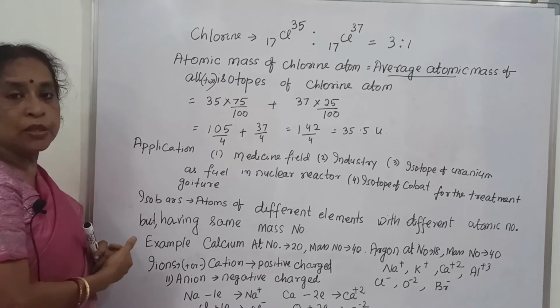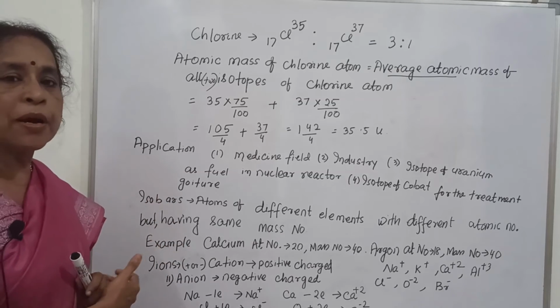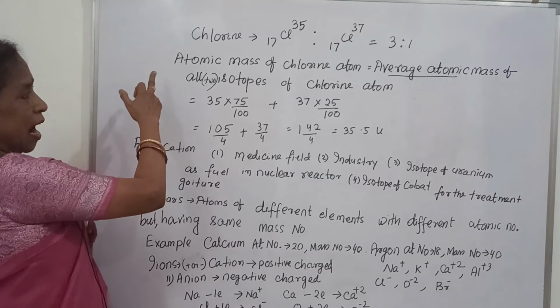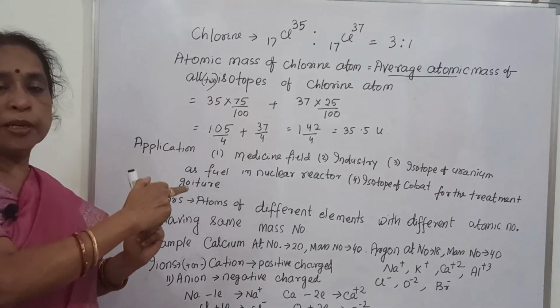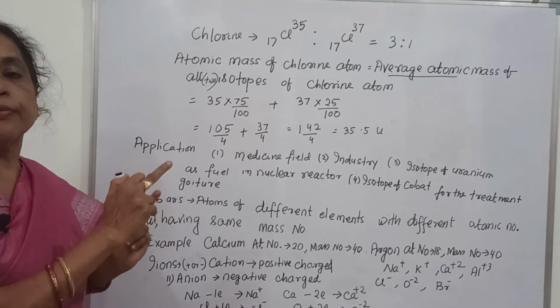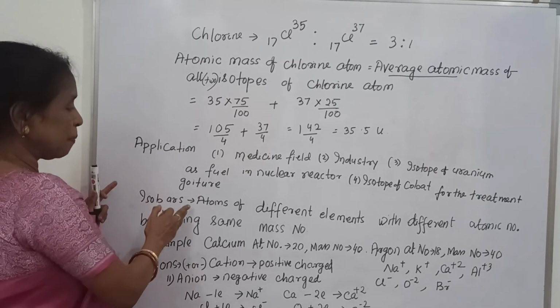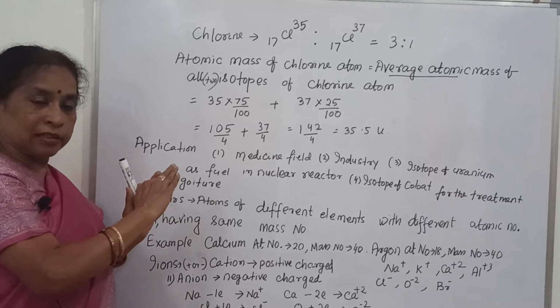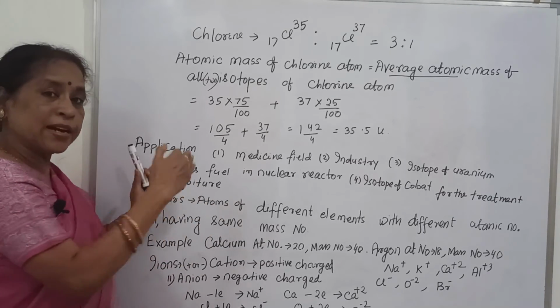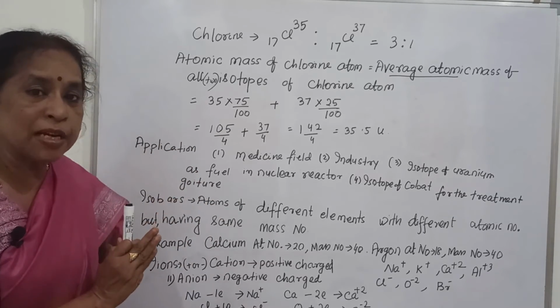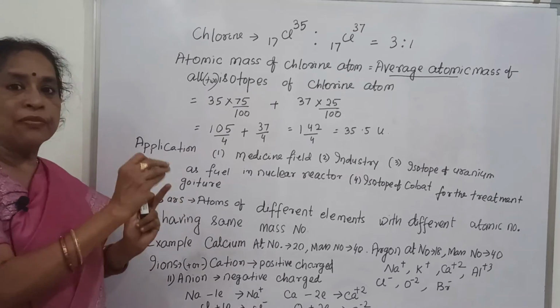Then come to isobars. What is meant by isobars? Isotopes have the same atomic number of the same element but different mass number. But here what happens? The atoms of different elements, not the same element, have different atomic numbers.